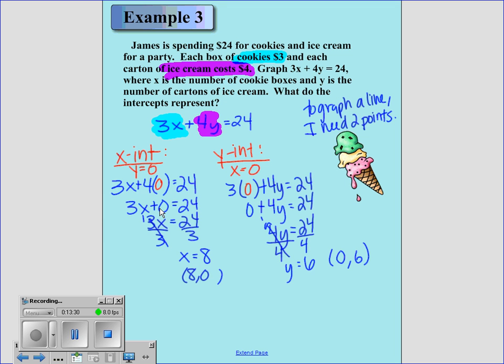So let's think about this. When y equals 0, that means I bought 0 cartons of ice cream. And how many boxes of cookies? 8. 8 boxes of cookies.